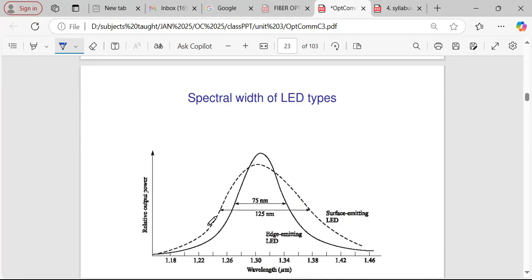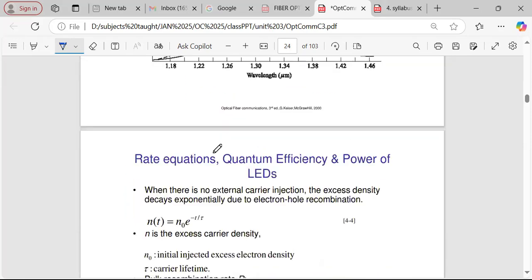The dotted line graph is of the surface emitting LED, and here we can see the spectral width is around 125 nanometer, and the y-axis is showing the relative output power. So this dotted line is showing the surface emitting LED with a spectral width of 125 nanometer, whereas this is about the edge emitting LED, that is 75 nanometer.